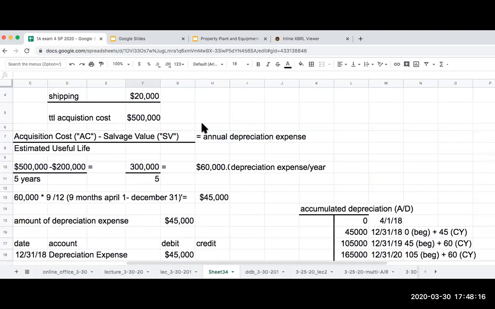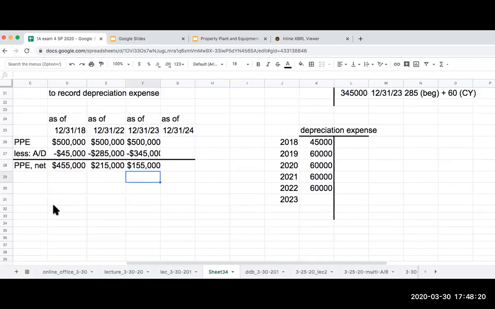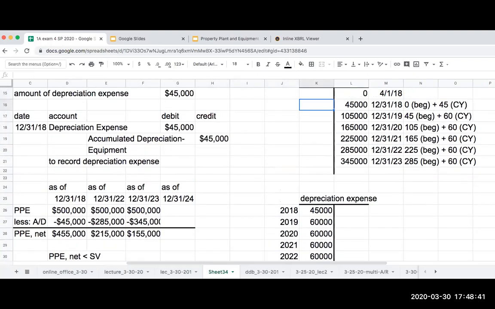My problem is I can never depreciate below the salvage value. This net book value can never be less than the salvage value, okay? The lowest I can go is where the property, plant, and equipment is equal to the salvage value. So what I'm going to end up doing for 2023 is only taking $15,000 of depreciation expense.